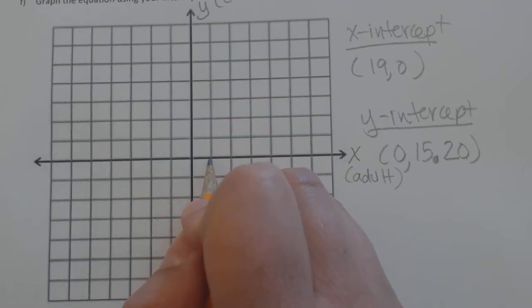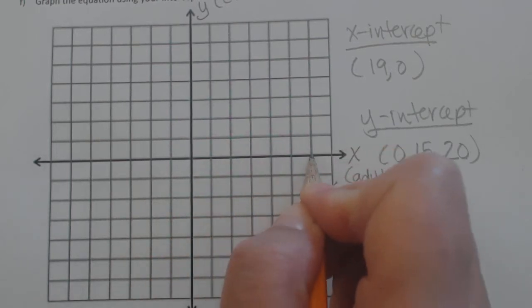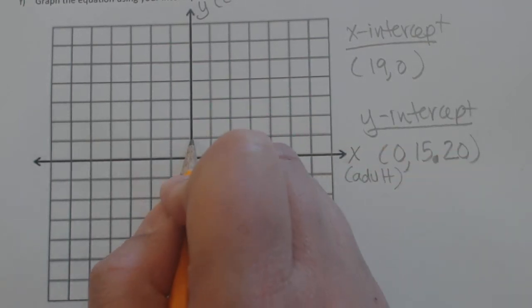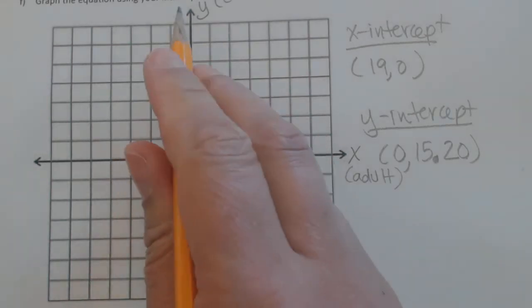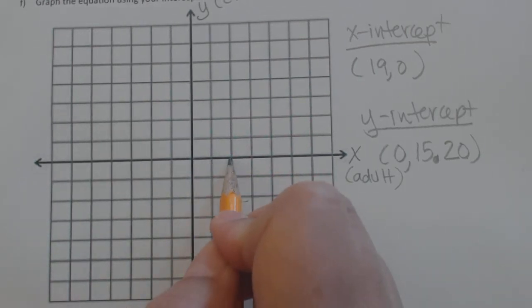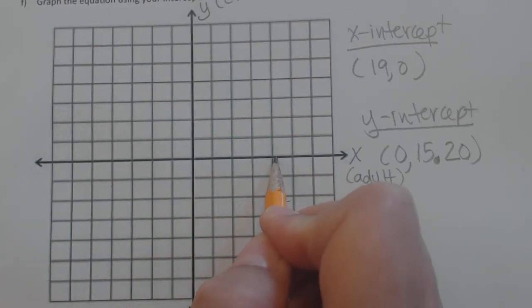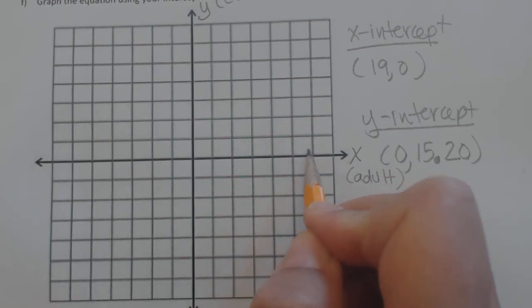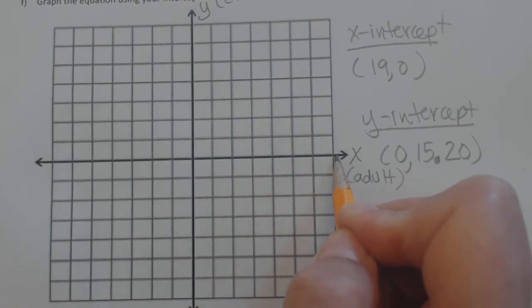So if I counted by ones, 1, 2, 3, 4, 5, 6, 7, I only go to 7 here, and 1, 2, 3, 4, 5, 6, 7. So counting by ones might not be my best bet. I'm wondering if I should count maybe by threes. 3, 5, 7, 9, 11, 13, 15.